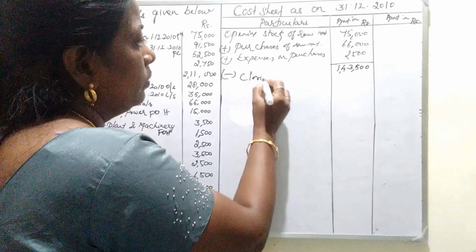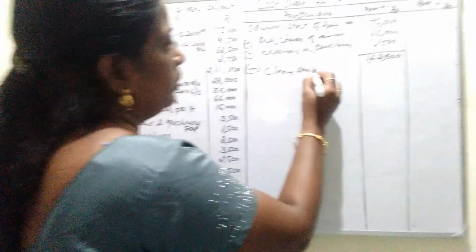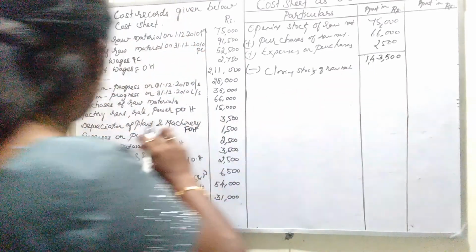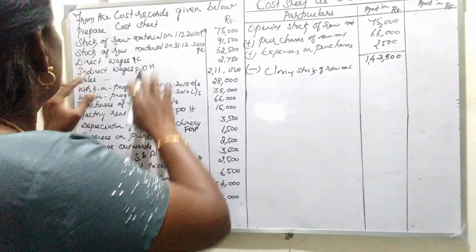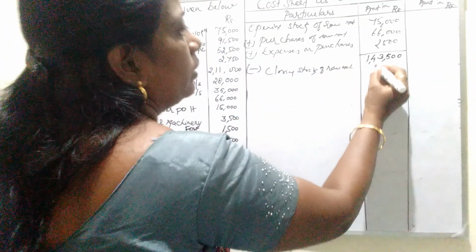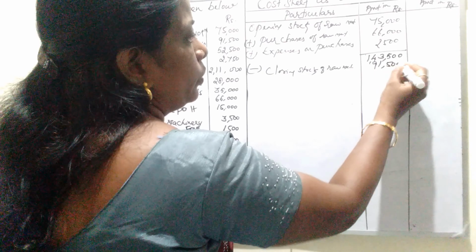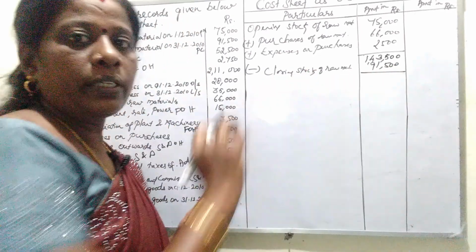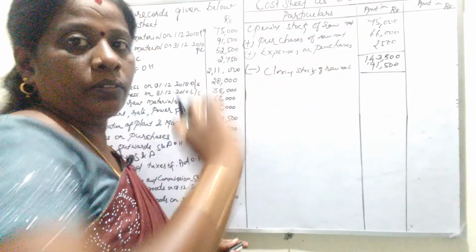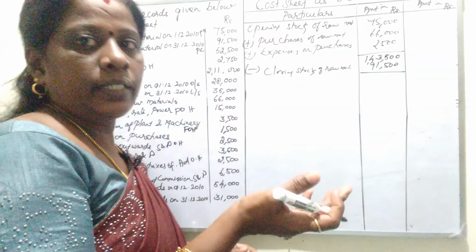Then the closing stock has to be deducted from the total. Closing stock of raw material. The amount of closing stock is 91,500. Closing stock means the raw material which is not used for the production process in the current month. So this is taken to next month.